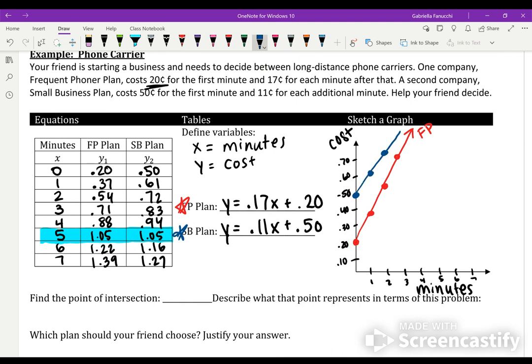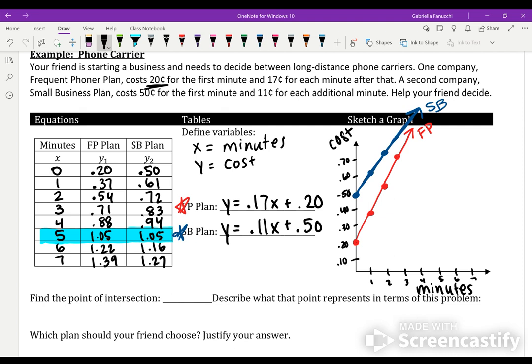And these are eventually going to cross at $1.05, and I did not accommodate my graph for that. So just know that they should cross. If you were to do your graph a little bit better than mine, you should see that they're crossing at that 1.05.